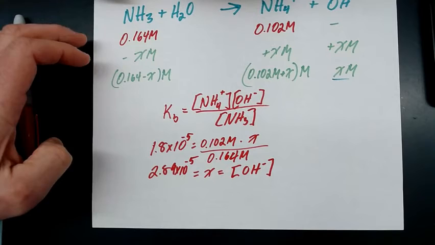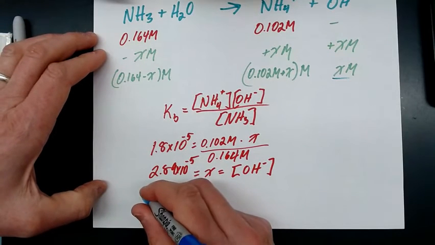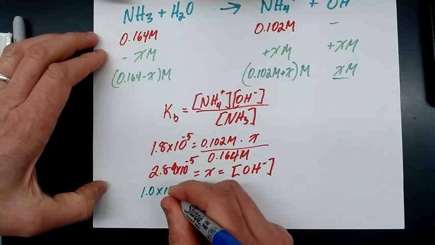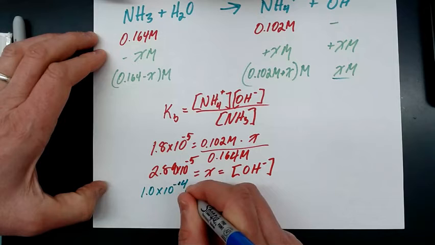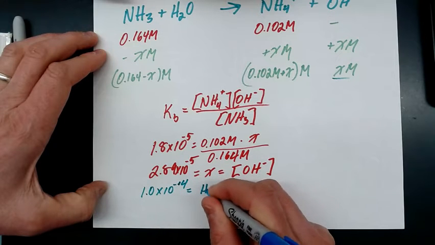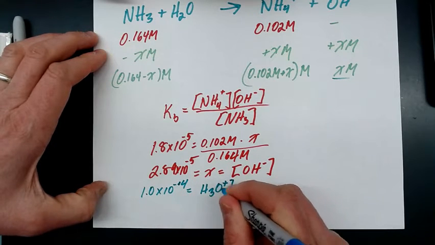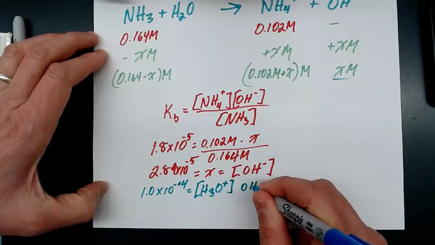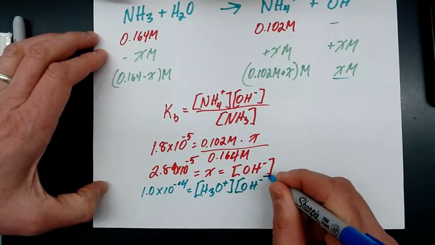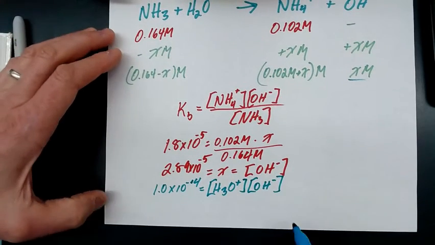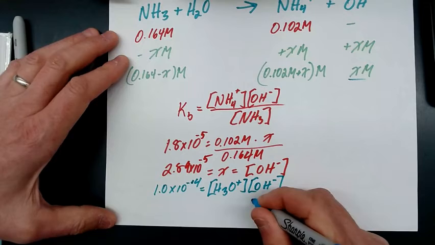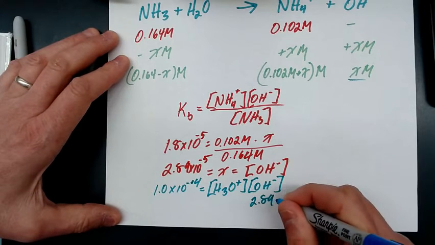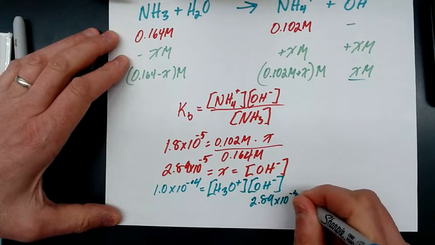All right, so how do I do the hydroniums? Well, again, I know that 1.0 times 10 to the negative 14 is the concentration of hydroniums times the concentration of hydroxides. Now I do have a number for hydroxide, which is 2.89 times 10 to the negative fifth.